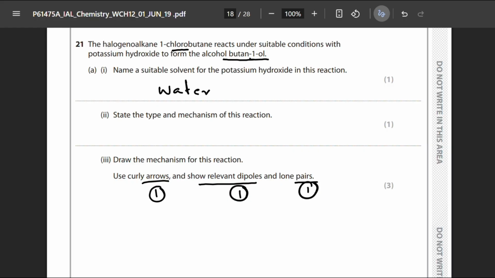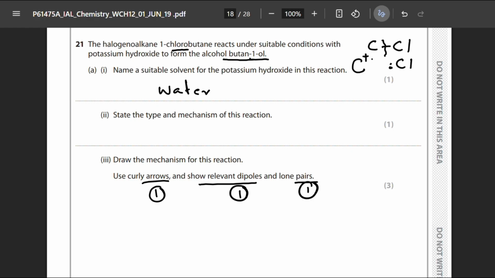When potassium hydroxide reacts in the presence of water, the lone pair present on the oxygen acts as a nucleophile. When the bond between carbon and chlorine breaks, both the electrons will be taken by the chlorine and the carbon will become positive.